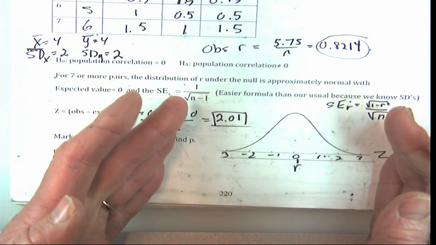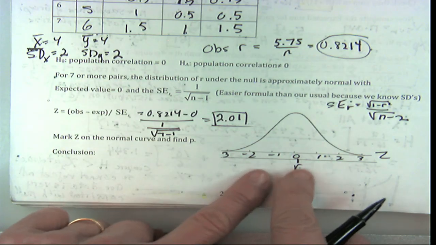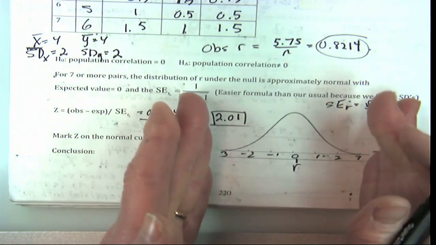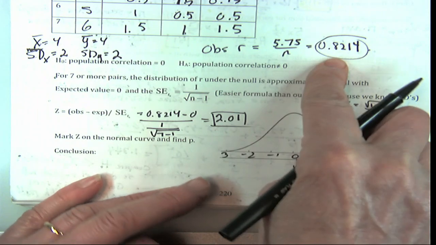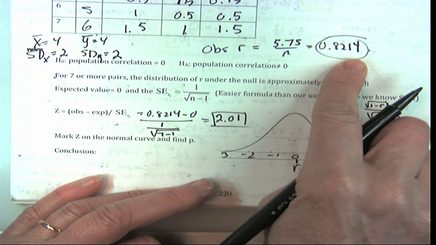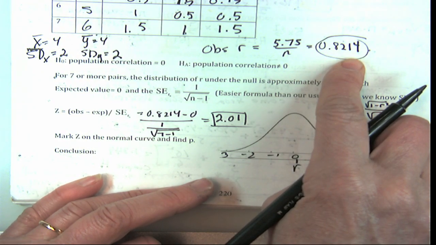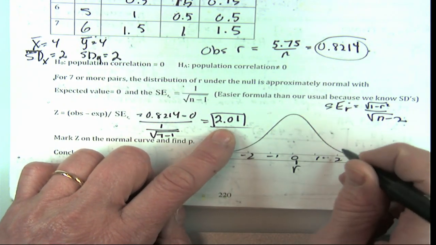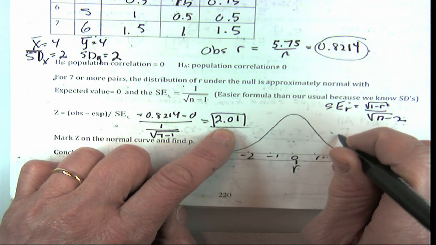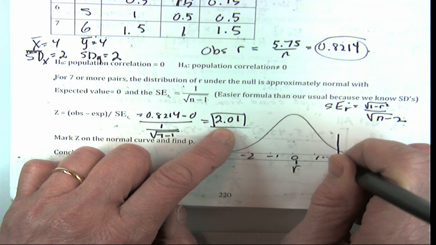The normal curve goes on forever and r is bounded, but this is a good approximation. And look where even a high r like that translates to in terms of a z-score: 2.01.